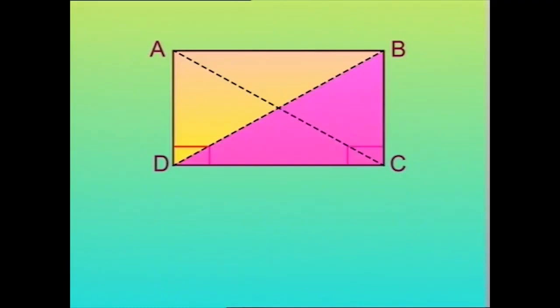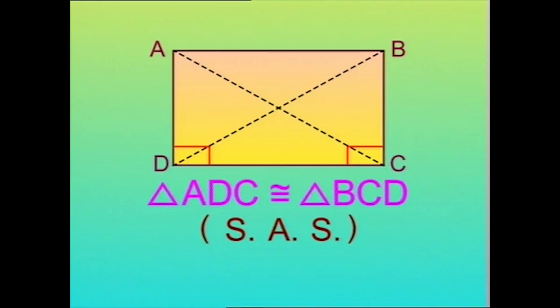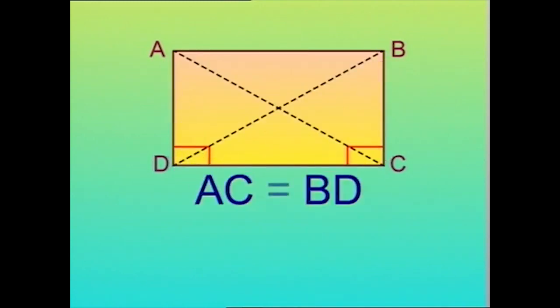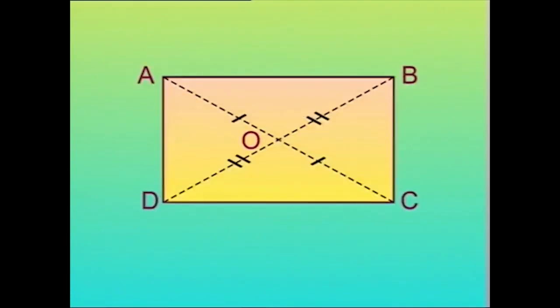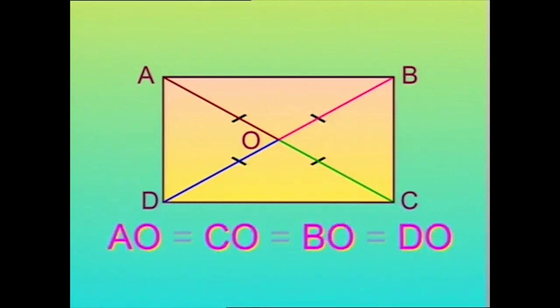For these two right-angled triangles, we can use the SAS rule to prove that triangle ADC and triangle BCD are in fact congruent. It follows that AC equals BD. As the diagonals of a parallelogram bisect each other, so the diagonals of a rectangle bisect each other, forming four equal segments.